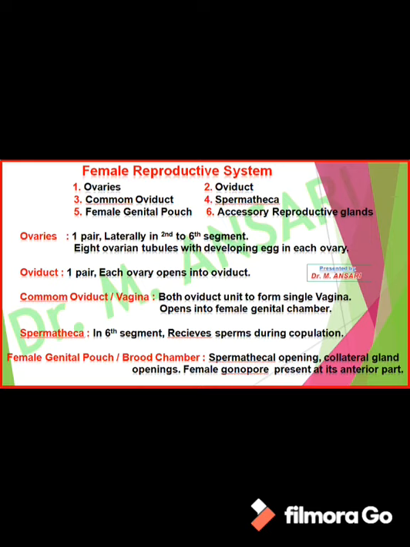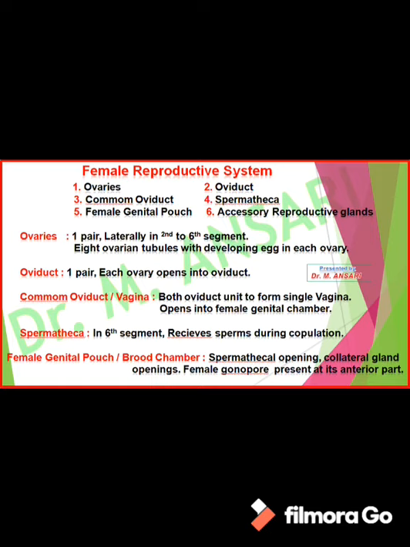So, from each ovary one oviduct arises, and this opens into the common oviduct or vagina. That is, both oviducts unite to form a single vagina, and this vagina opens outside as a single opening, called the female genital chamber.